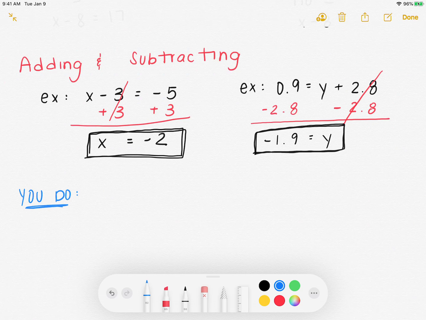Why don't you try n plus 3 equals -7 and -6.5 equals P plus 3.9.